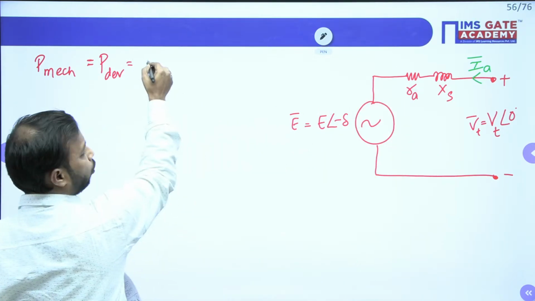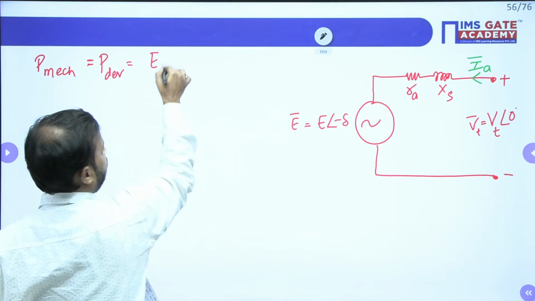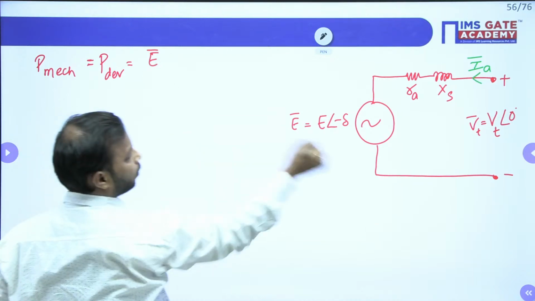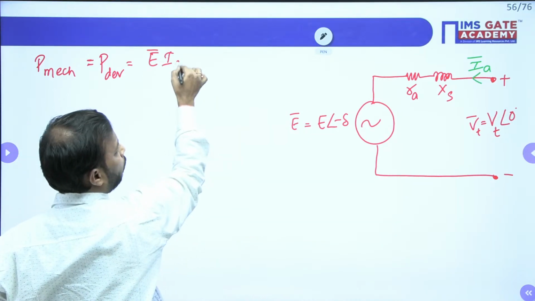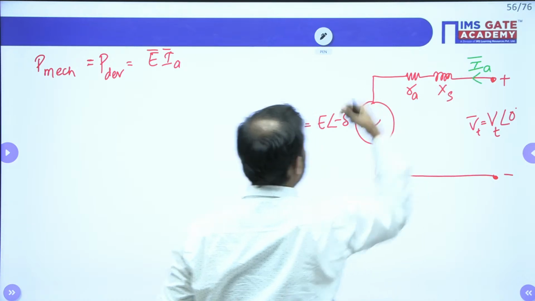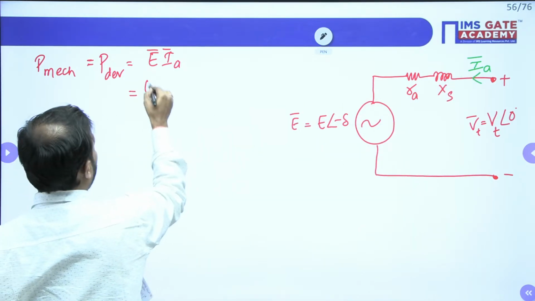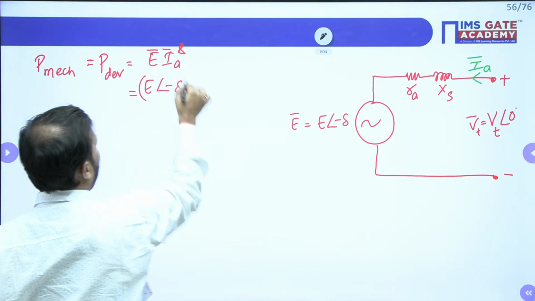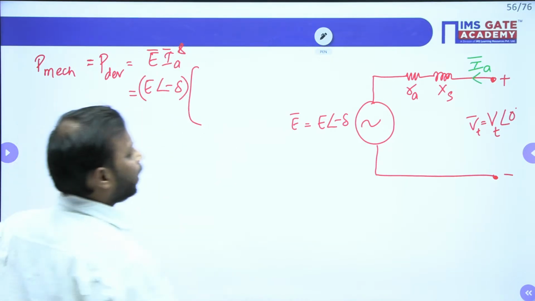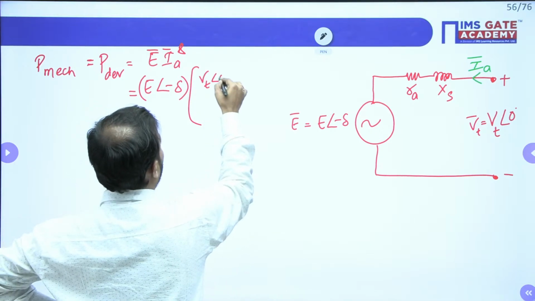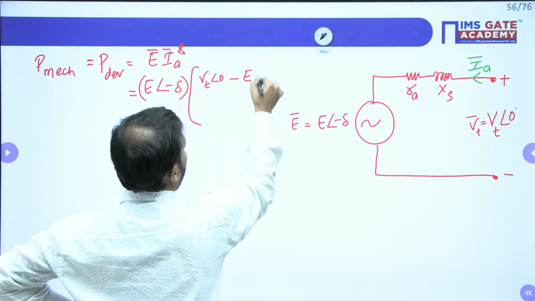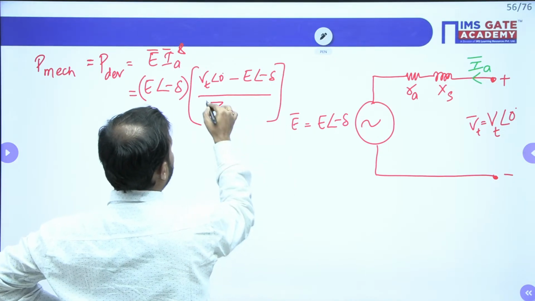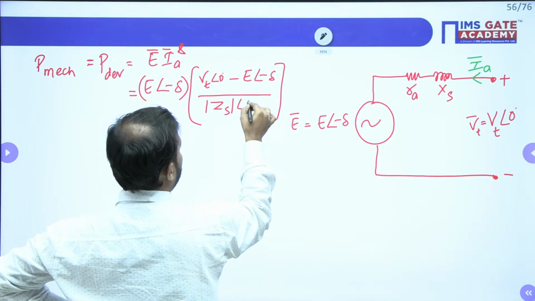So this is equal to E bar into IA bar, meaning this current is entering here. So this is conjugate of E at an angle minus delta. What is IA? VT at an angle 0 minus E at an angle minus delta, whole divided by magnitude of ZS at an angle theta S.